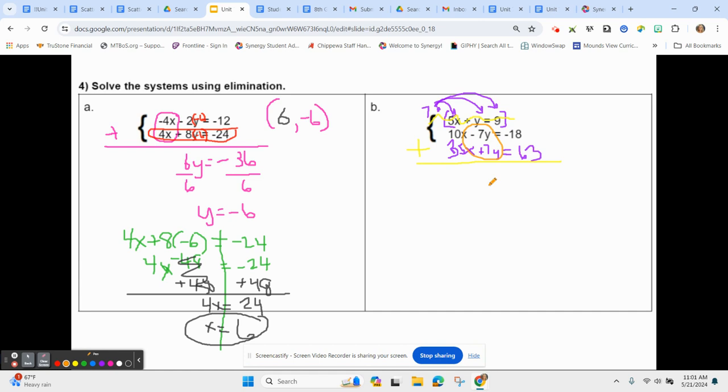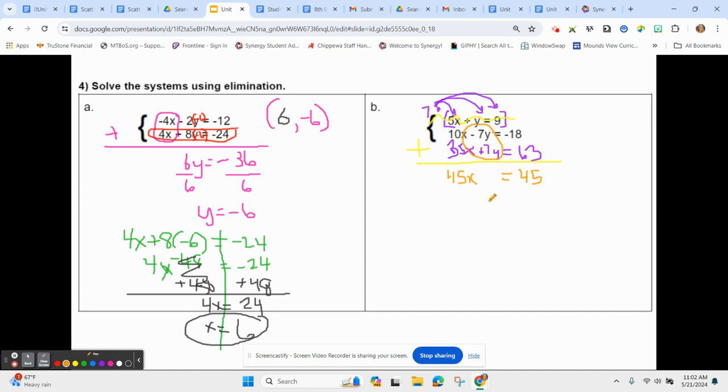So let's go ahead and I'm going to add my 10x and my 35x together. That gives me 45x, and that is exactly equal to negative 18 plus 63. Or if I go 63 minus 18, oh, look at that, gives me a positive 45.